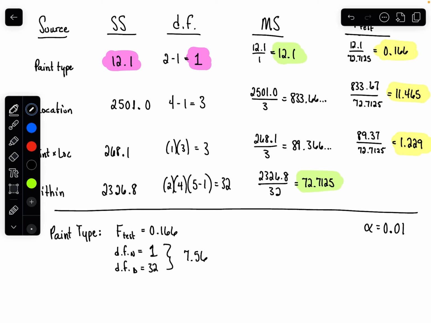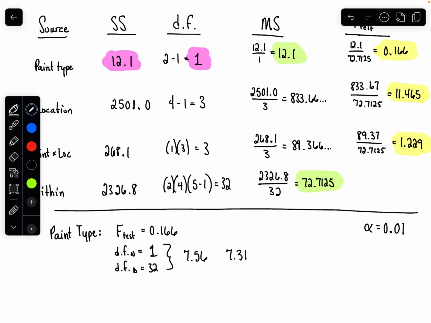If we were to go to the next one in line, which would be 40, we'd get 7.31. So the truth is somewhere in between there. The idea is that the larger the degrees of freedom in the bottom gets, the smaller the critical value gets. So the actual critical value we would need here is a little smaller than 7.56.